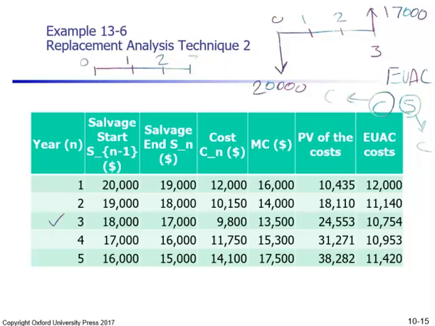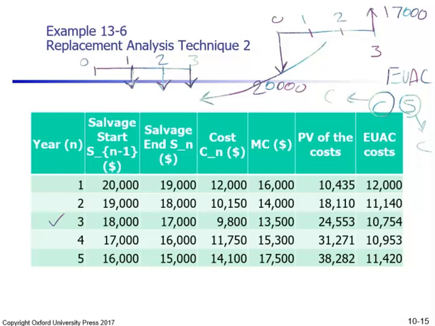So what we want to do here is convert such a thing to such a thing. It's going to be something like this. You do the same for the costs. You are going to do this conversion to EUAC for the capital and salvage value.